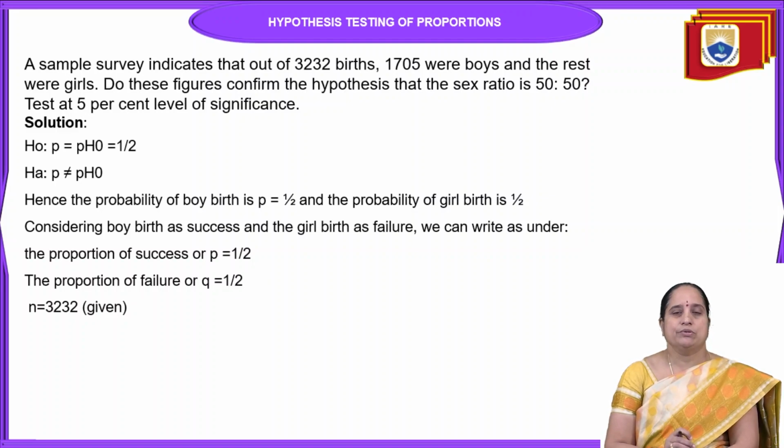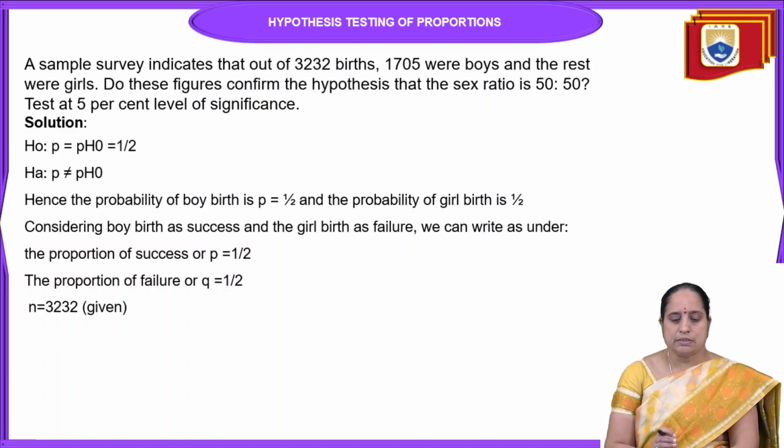So initially we have to define the null hypothesis. H0: p is equal to p H0, which is equal to 1 by 2, whereas the alternative hypothesis is defined as p is not equal to p H0. Hence, the probability of boy birth is p, which is 1 by 2, and the probability of girl birth is 1 by 2.